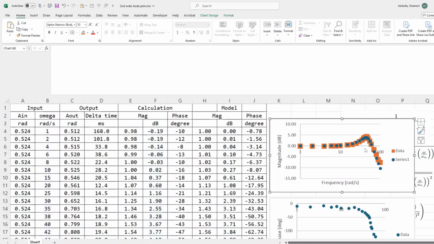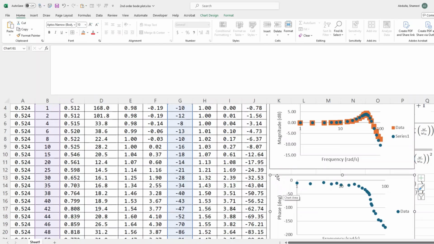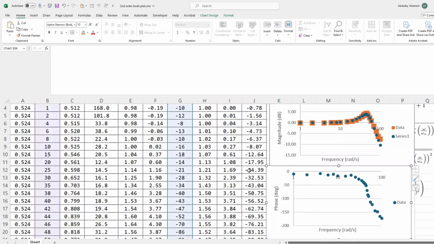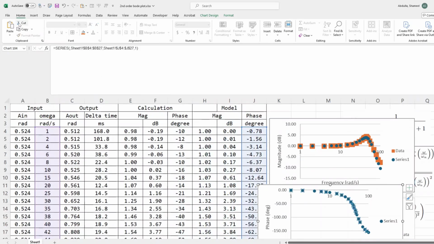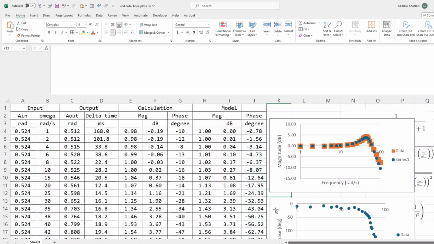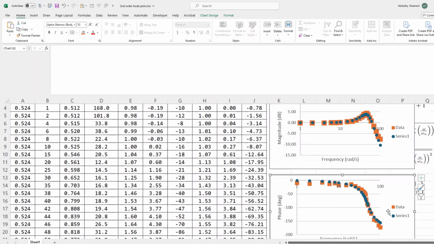Now we have the model added here. You can do the same for the other one. Copy the plot, click somewhere else, paste it, move it to the new place, then cut it from here and paste it here. Now we have the data and the model.